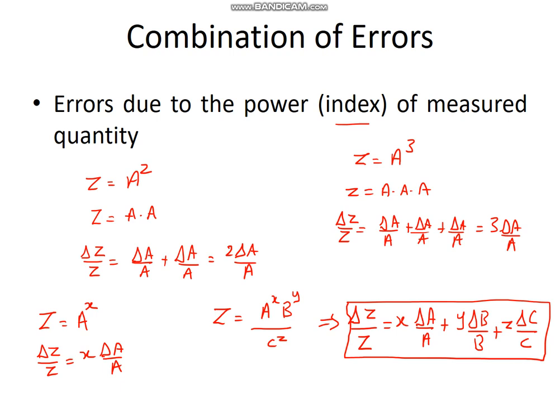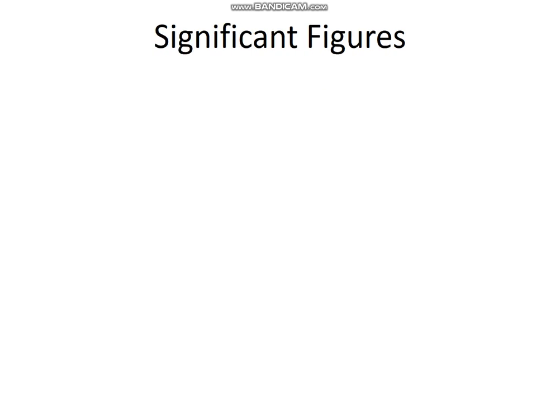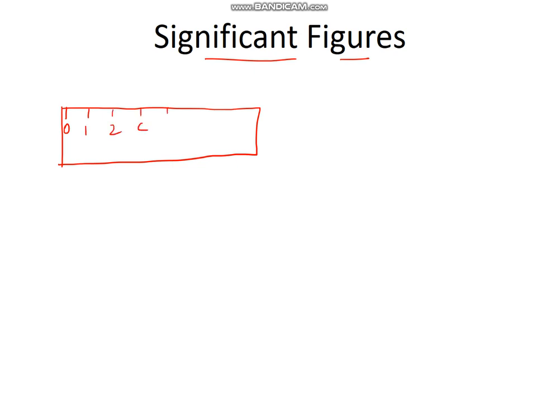Let us go ahead to the last topic, which is significant figures. So let us try and understand what is significant figures. Now in the previous example we have seen how to find the errors and all that. Let us say we have a scale for measurement. Now I hope you all remember this is 0 centimeter, 1 centimeter, 2 centimeter, 3 centimeter, 4 centimeter, 5 centimeter, and so on.